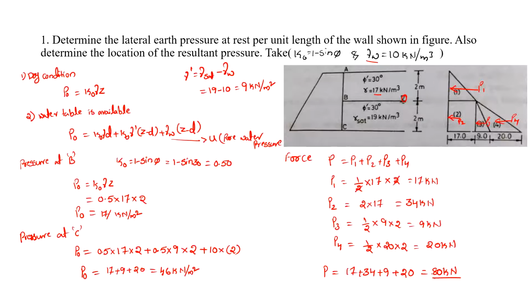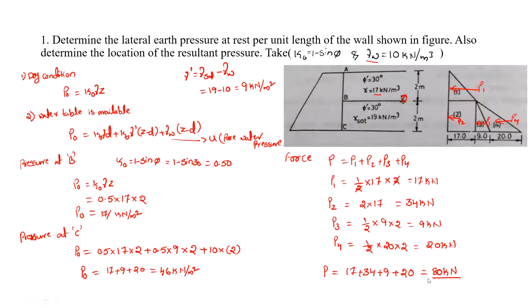But now a very important point is we have to calculate the line of action of force. That means the entire 80 kilonewton force is acting at which place on the structure, that we have to calculate. So the entire pressure, I will write here, P equal to 80 kilonewtons is acting.